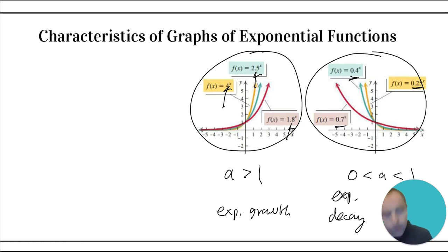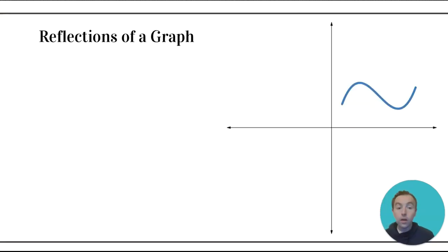I'm going to take a little bit of time right here to talk about reflections in graphs of functions because it's something that we're going to have to do in terms of transformations of exponential functions in a little while. So let's suppose that this function that you have right here is the graph of y equals f of x, right?